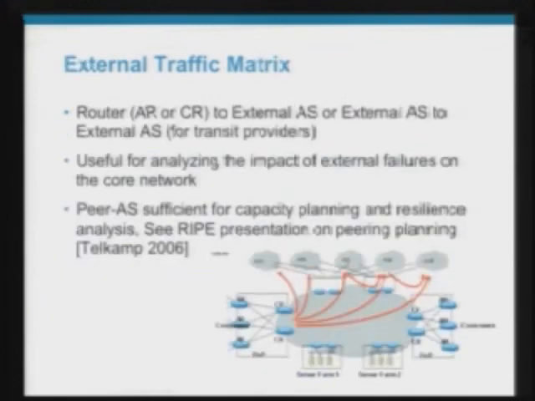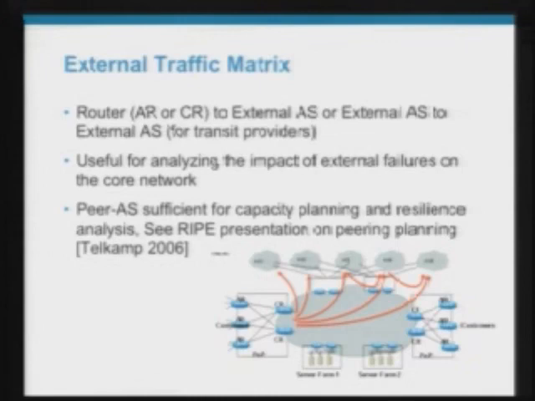If you're running a network where you're getting a lot of traffic from the outside, if you have multiple transit providers, or very big, or a lot of CDN traffic that shifts across your endpoints of the network, at that point you want an external traffic matrix.